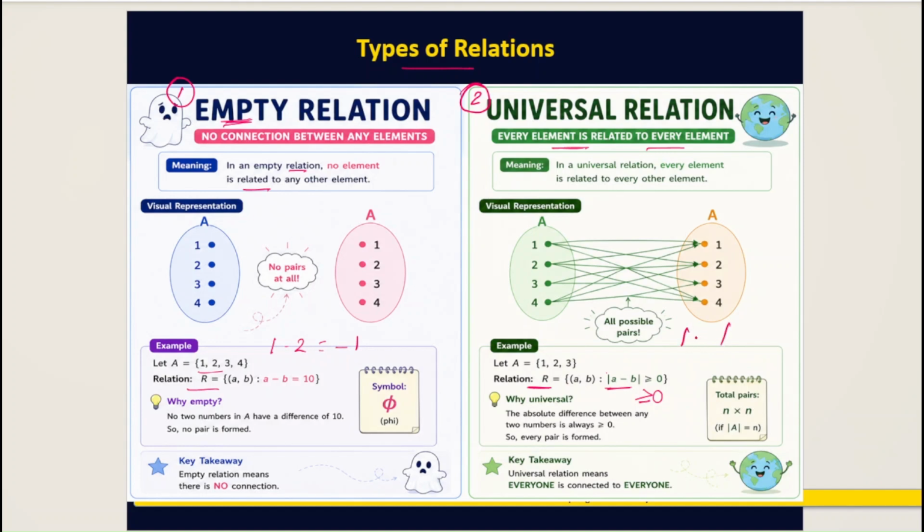Absolute bracket means whatever value is coming, it will always be positive. For example, if minus 1 is there inside absolute brackets, it will be equal to 1, right? So this condition, a minus b absolute value greater than or equal to 0, is true, because the difference of any two numbers in the set A will always be either equal to 0 or greater than 0, because we have the absolute brackets here, right?